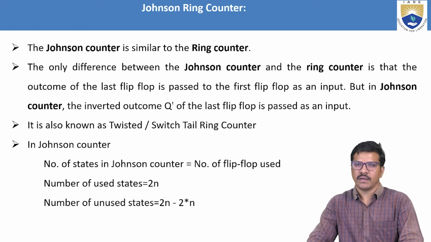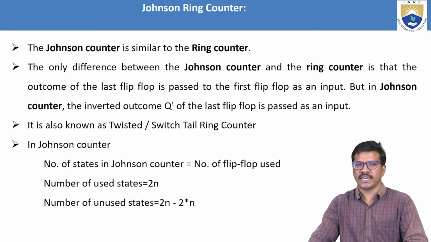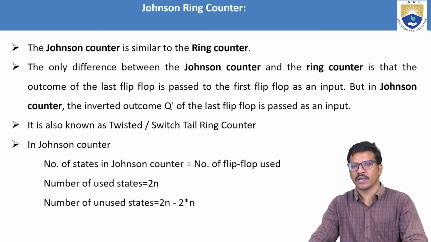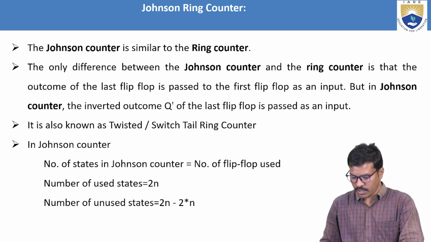But in the Johnson counter we use only 2n states. So what about the remaining states among 2 power n? The number of unused states is 2 power n minus 2n.